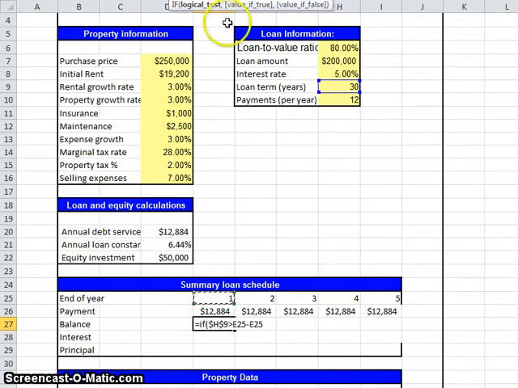Minus 25 plus 1 and take our debt service payment, put that there, divided by constant.